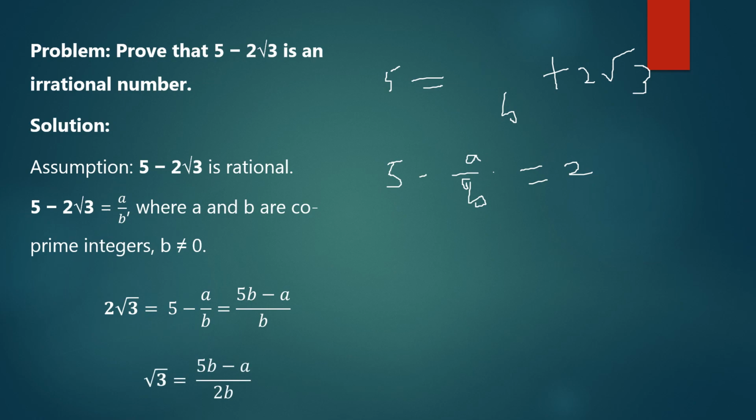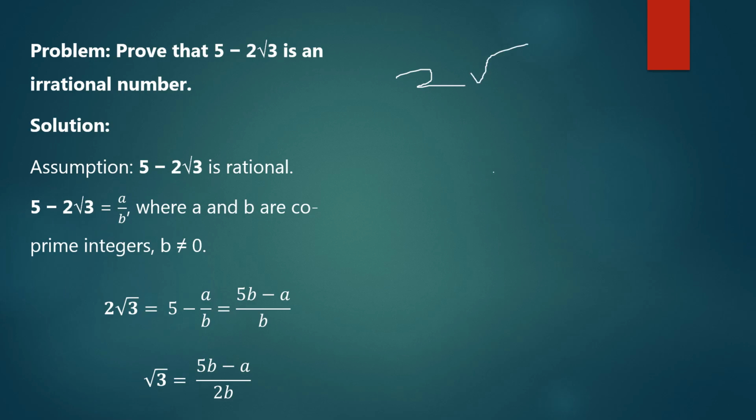Now take 2 to the right side. You see here 2 root 3: 2 is multiplying root 3, so if we take it to the right side, it divides. Root 3 is equal to 5b minus a by b into 1 by 2.